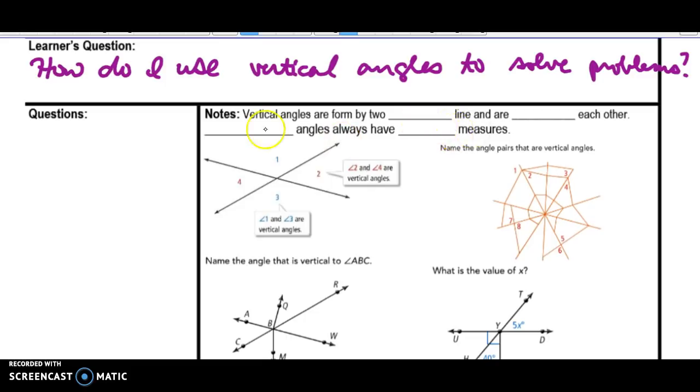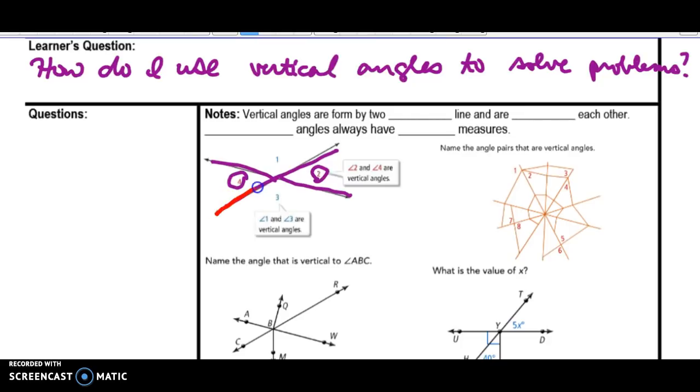So for some of our key terms, let's fill in these blanks. Vertical angles are formed, that should say formed, sorry about that. Vertical angles are formed by two blank lines and are blank each other. So when we look at our diagram here and we see that angle 2 and angle 4 are vertical angles, both of these angles are each formed by two intersecting lines, right?